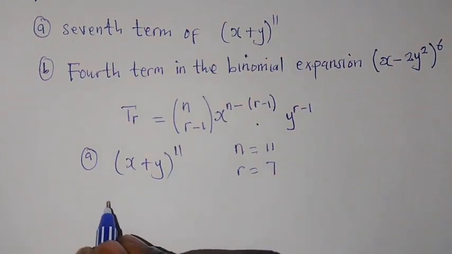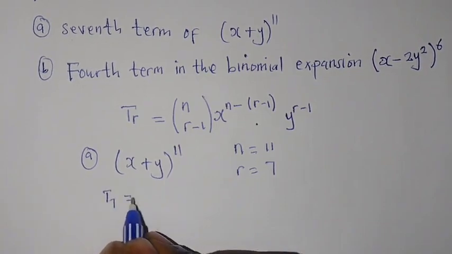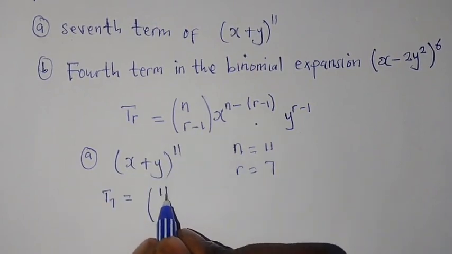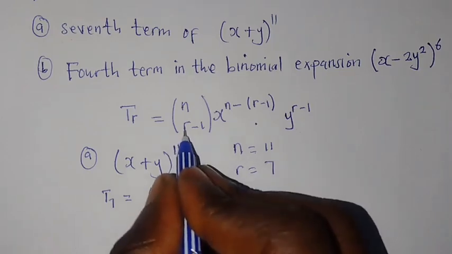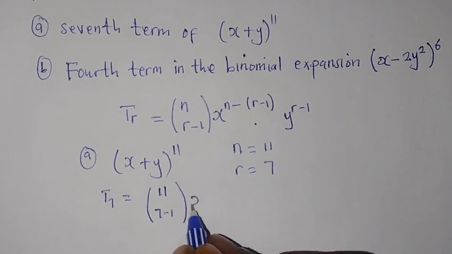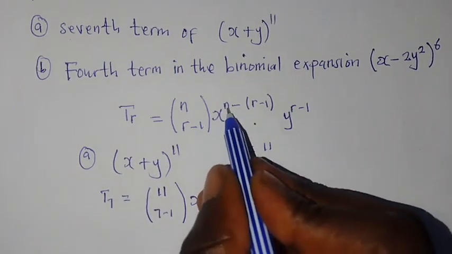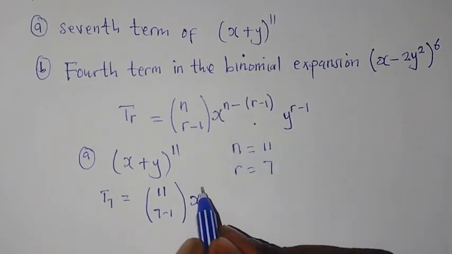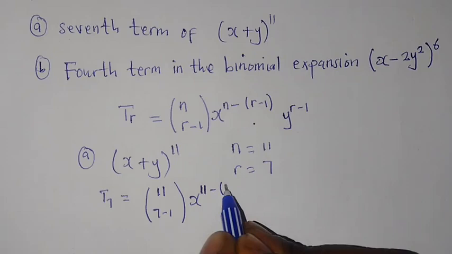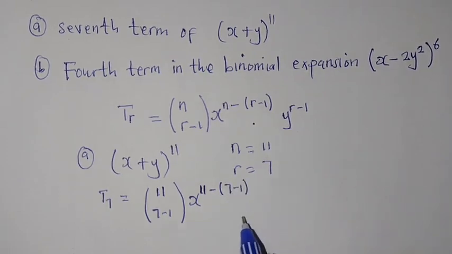Then let's just substitute. We are going to say term 7 equals, using this formula, n is 11, r is 7 minus 1, then x to the power of 11 minus (7 minus 1). This 7 is the position of the term that we are finding.